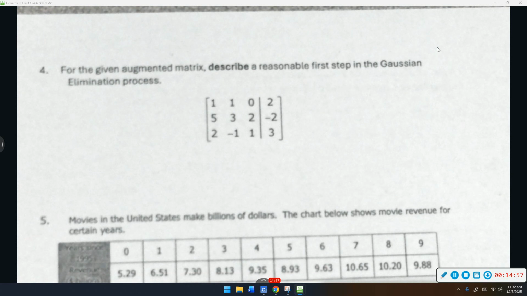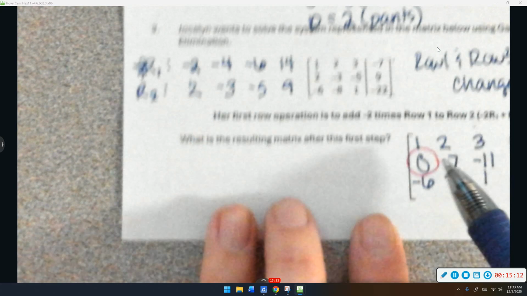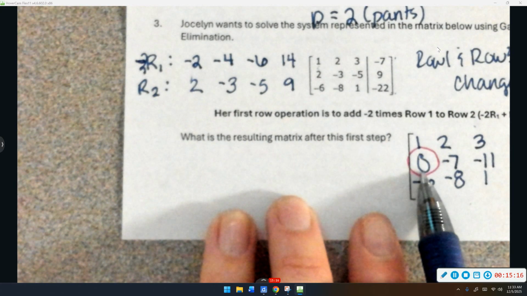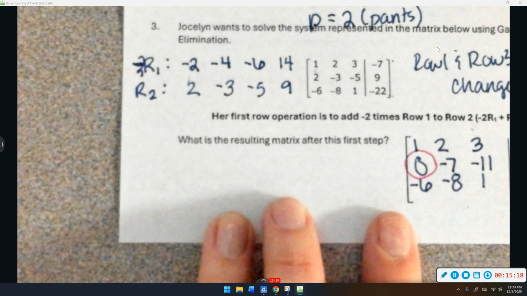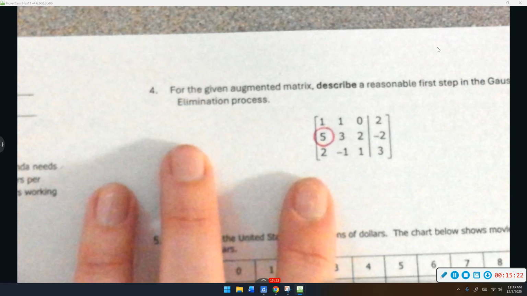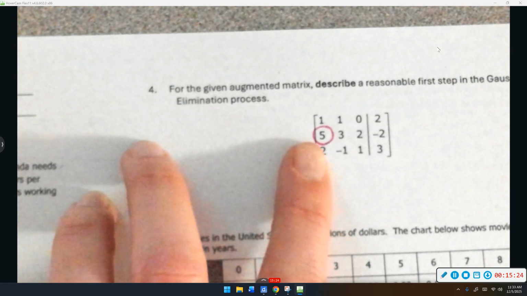All right, number 4. For the given augmented matrix, describe a reasonable first step in the Gauss elimination process. Okay, so this is like a backwards of the original question. The first question told us what to do, and it told us to do this to make a 0 right here. Okay, so I want to create a 0 right here. So how could I create a 0 there?